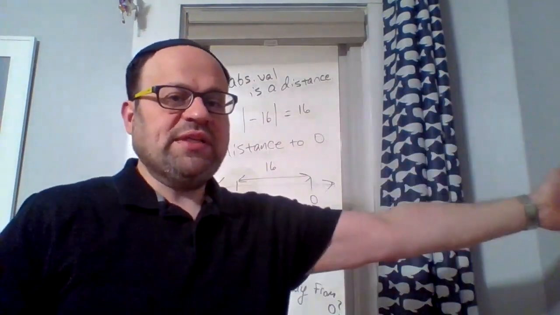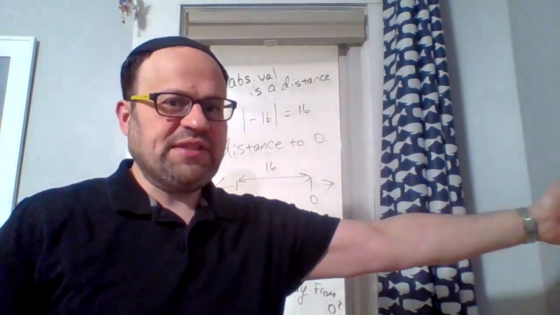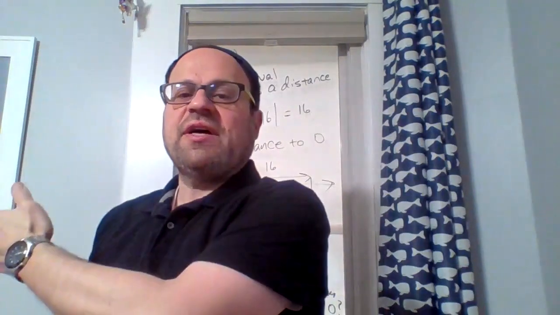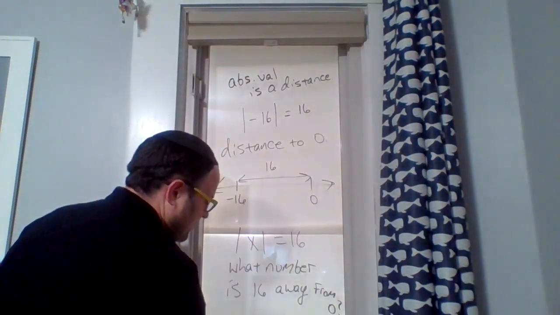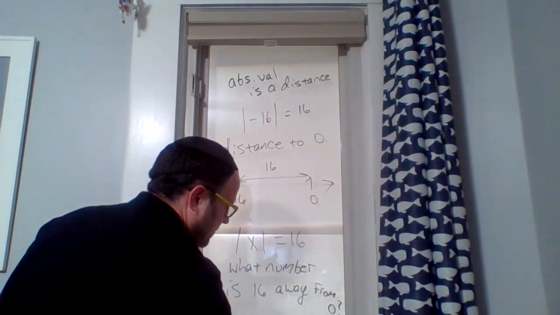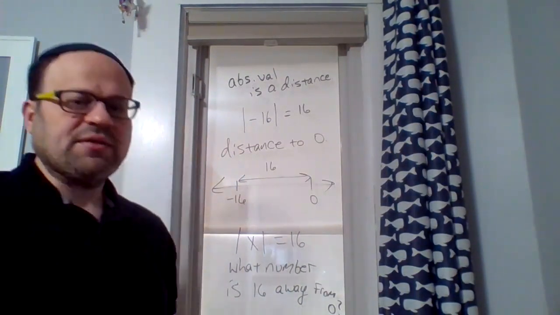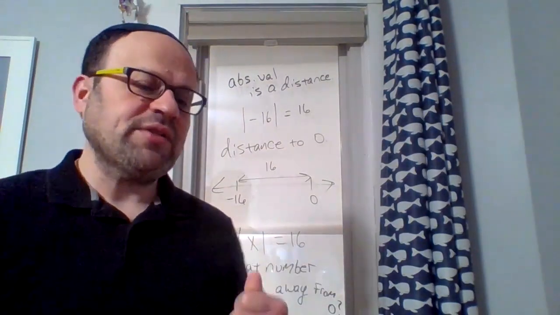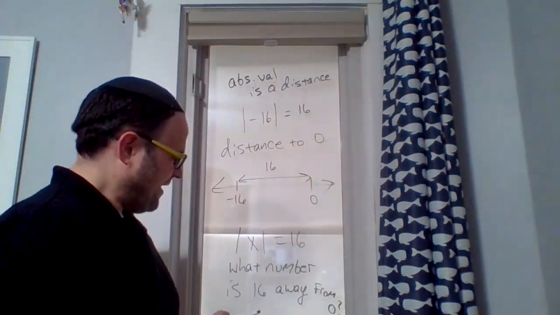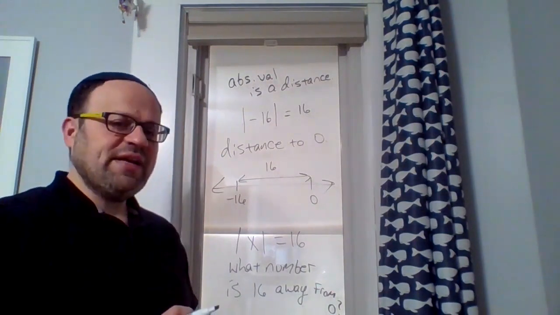Either you could go on one side and you get to positive 16, or the other side and you get to negative 16. So this has two answers. Right? We've seen problems where there's two possible answers, and here's another one. X can be positive 16 or negative 16.